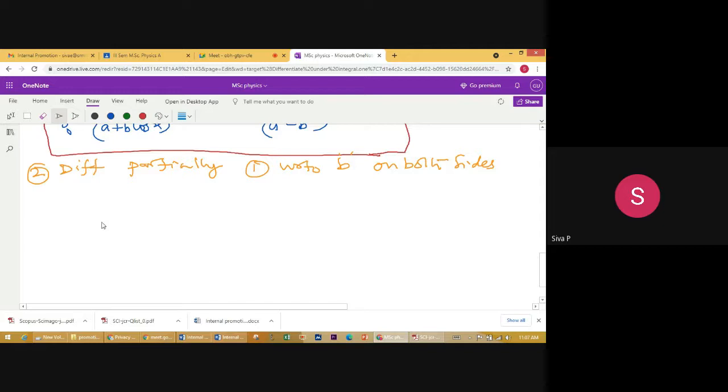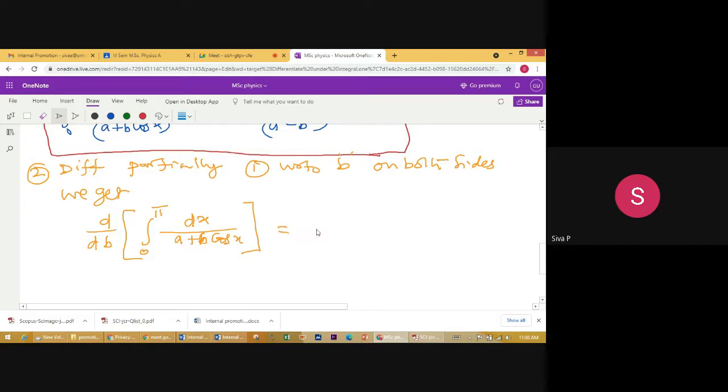On both sides, we get d by db of integral over, what are the limits here, 0 to pi, of dx divided by a plus b cos x.